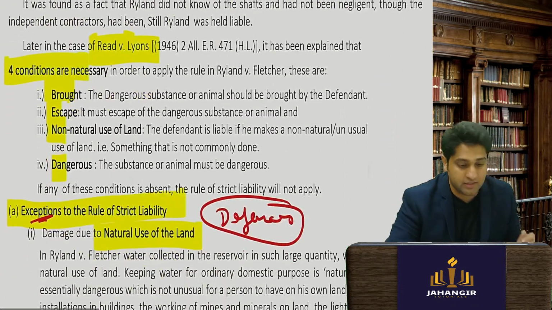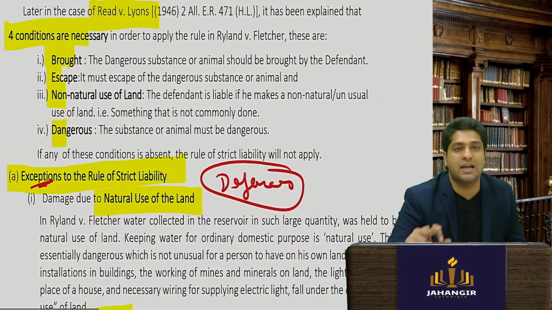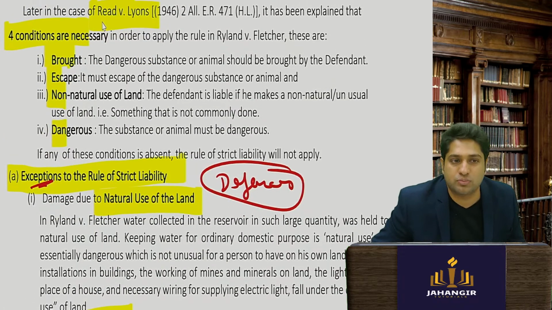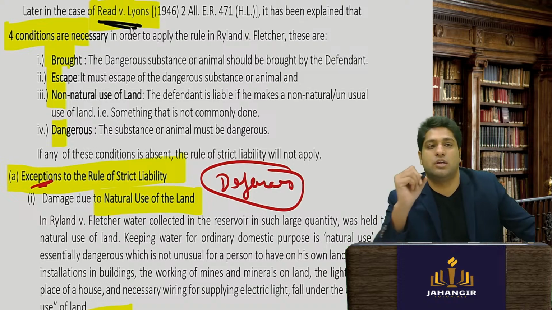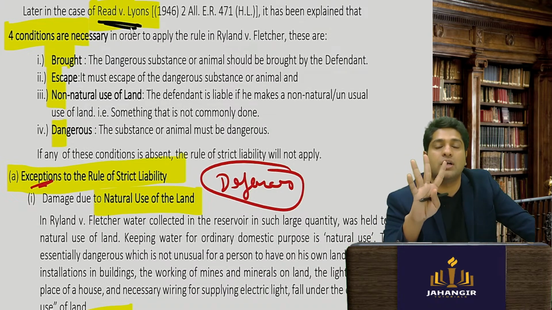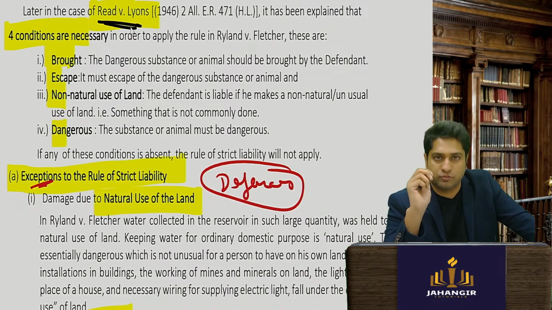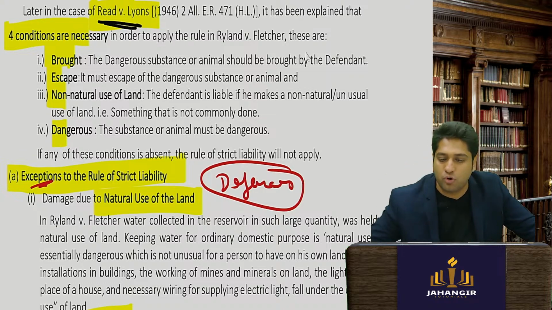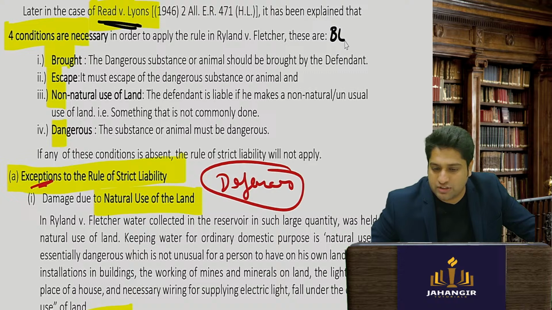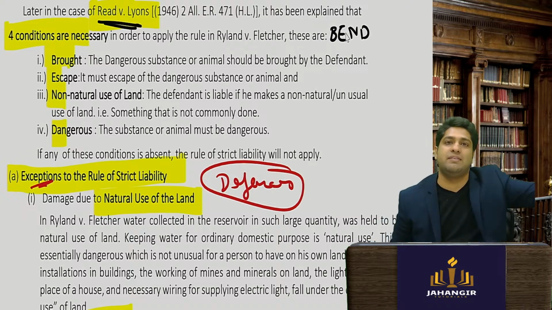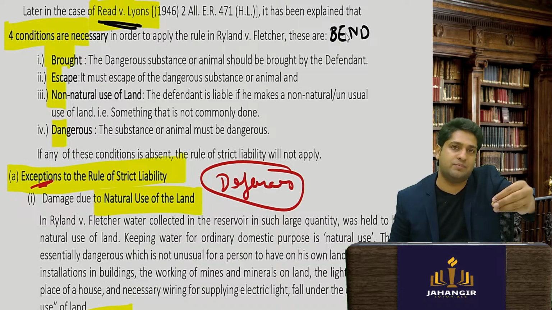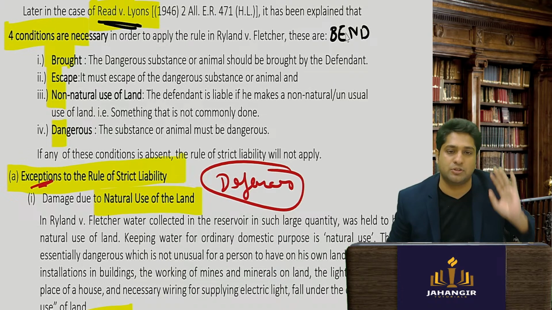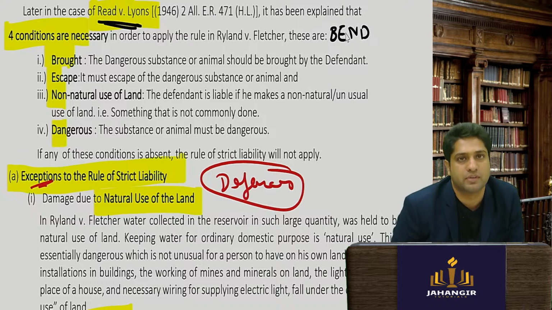You can read it. Now in this Rylands versus Fletcher case, also stated in Read versus Lyon, 4 conditions were brought in for the strict liability rule to apply. What they are saying is that anyone who gets a dangerous thing and it escapes or causes damage will be responsible, but 4 conditions are there.